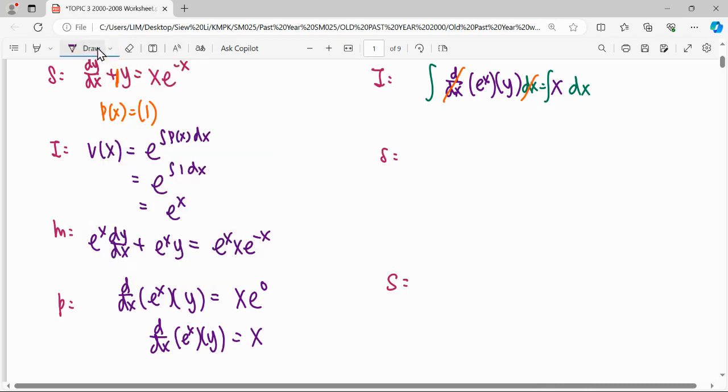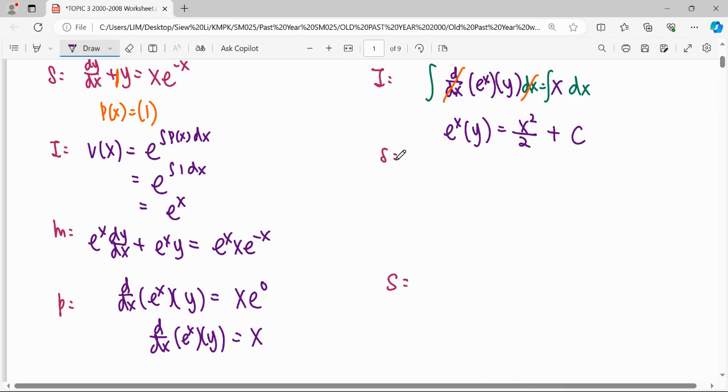It gives us back e^x times y. Meanwhile, for the right hand side, we need to integrate x with respect to x here. So it will be power plus 1 over new power. When we finish integrating everything, then we add c.